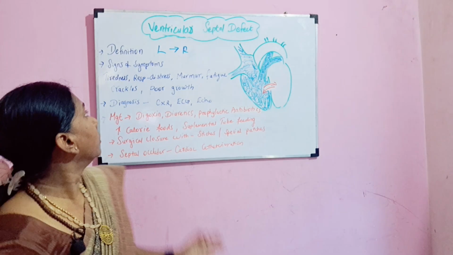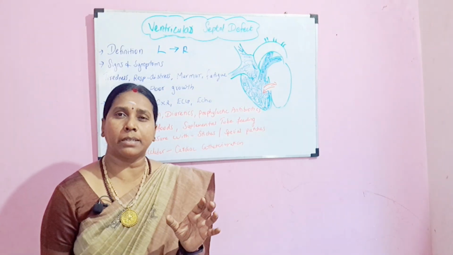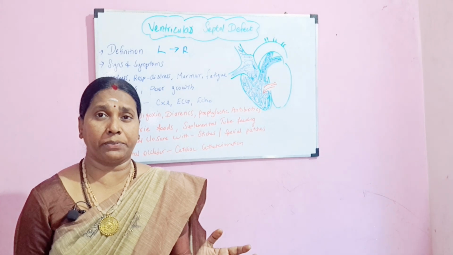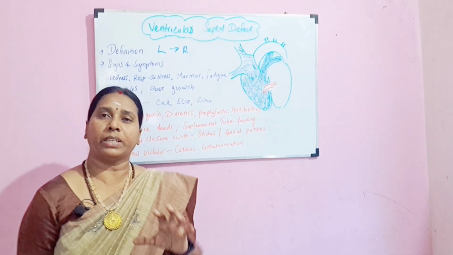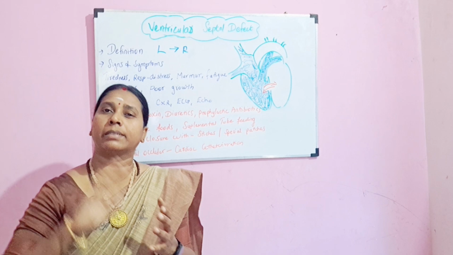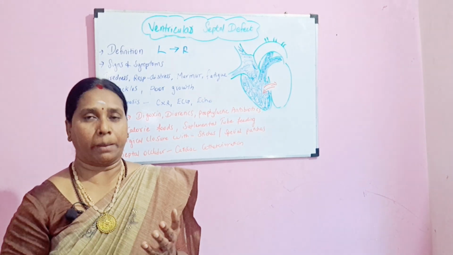Now again the signs and symptoms. Here also the signs and symptoms are more or less similar to atrial septal defect. Symptoms related to the lungs, that is pulmonary hypertension, will be present.